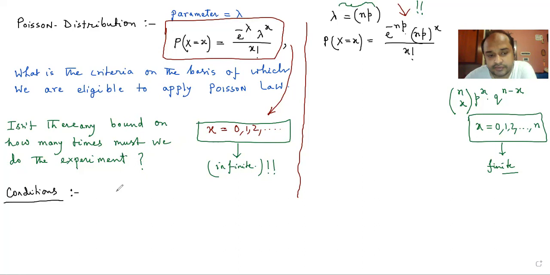there are two conditions. I am uttering the words in sentences, but I am writing them mathematically so that you can correlate the things. Condition number one is, I am not sure how many times I must perform the experiments, given by n.